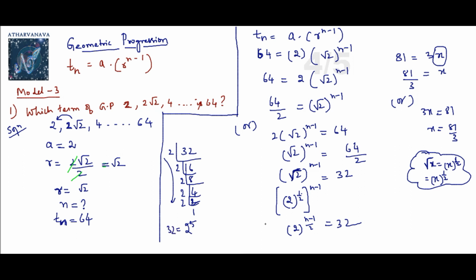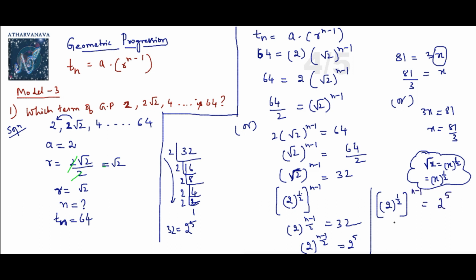So I can replace this as 2 power n minus 1 by 2 is equal to 2 power 5. If you don't understand this step, keep it as 2 power 1 by 2 whole power n minus 1 is equal to 2 power 5.